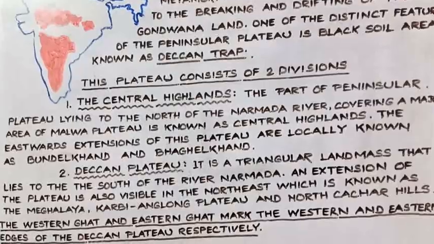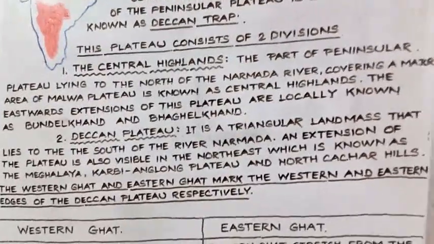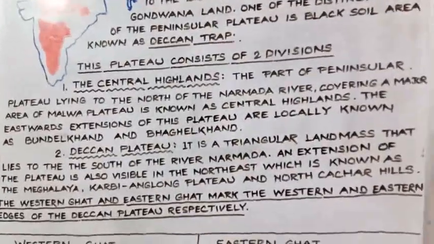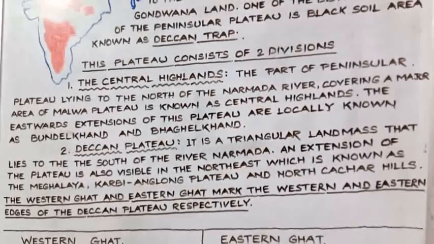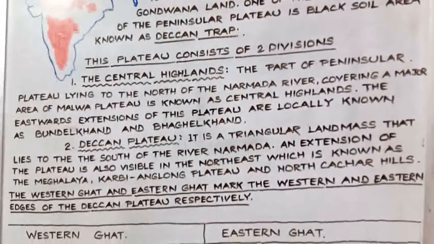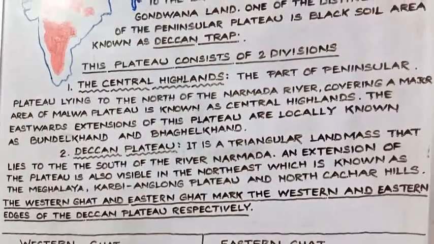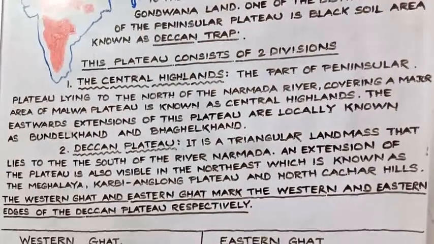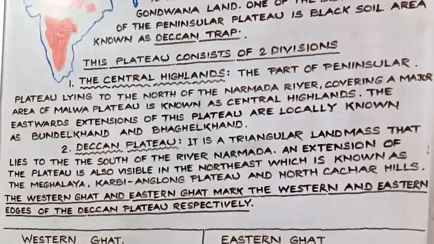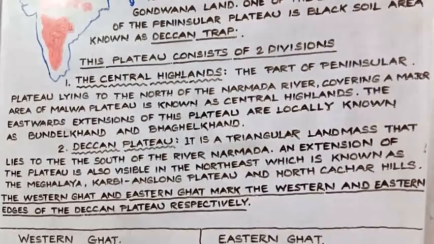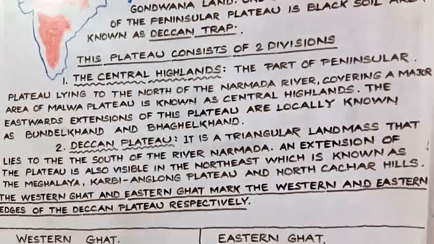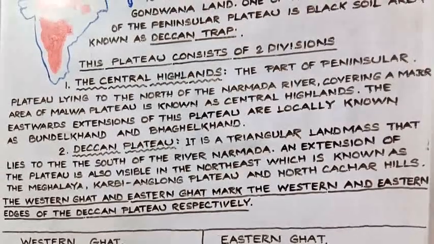Next we come to the southern part, and that is the Deccan Plateau. The Deccan Plateau is a triangular landmass that lies to the south of the river Narmada. An extension of the plateau is also visible in the northeast, known as the Meghalaya and Karbi Anglong Plateau, and North Cachar Hills.